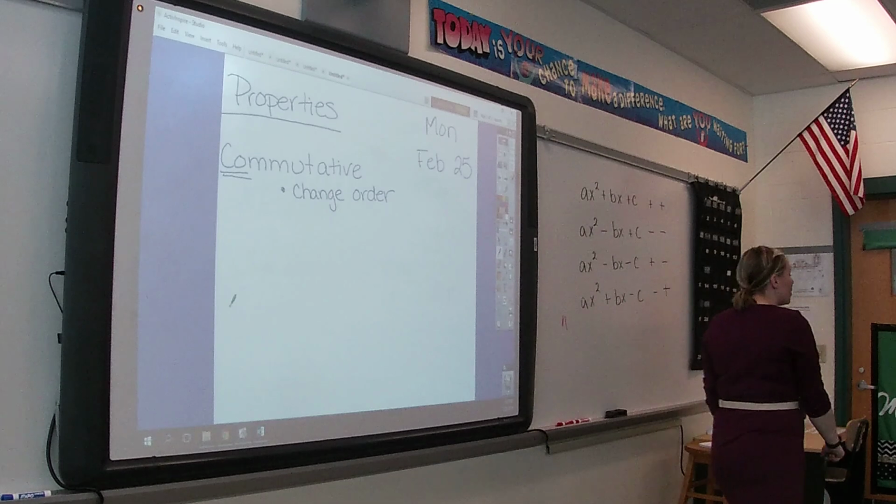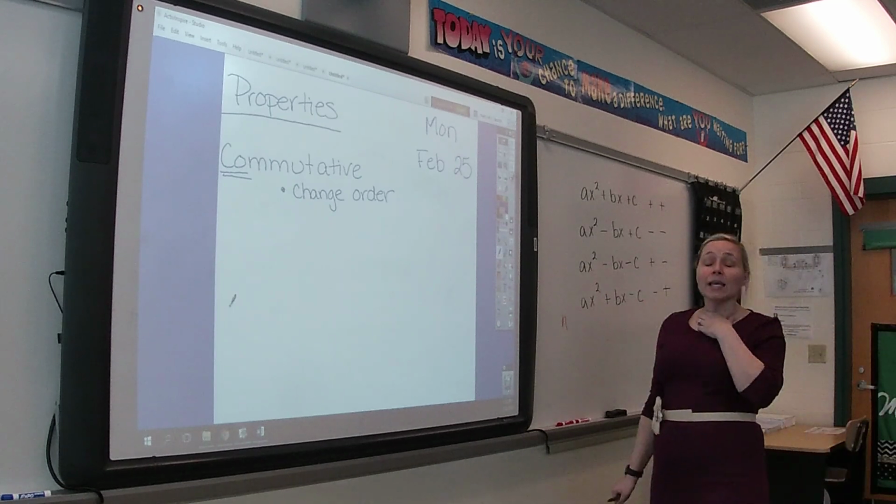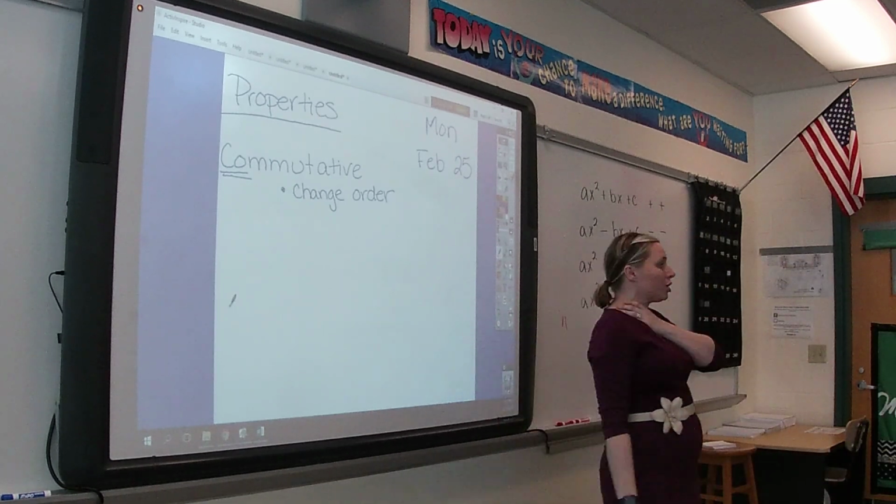Okay, so the commutative property starts with CO, change order. And that's exactly what it gives us permission to do.